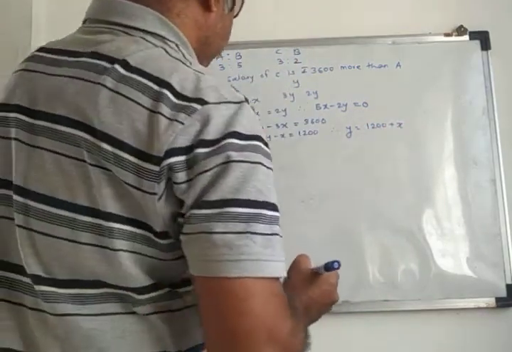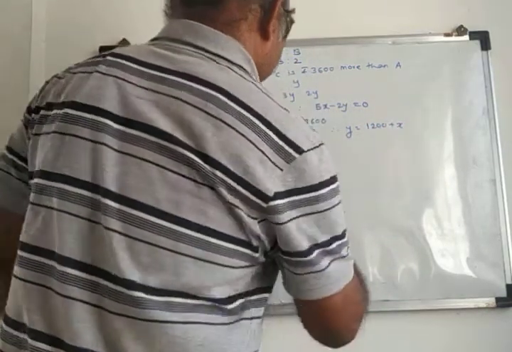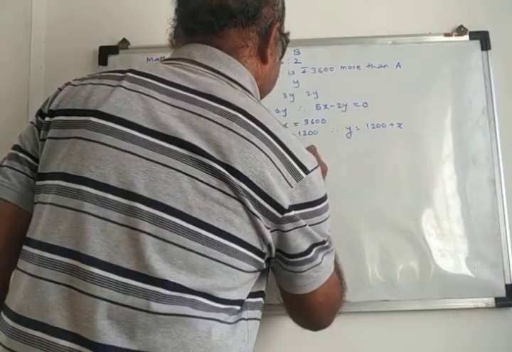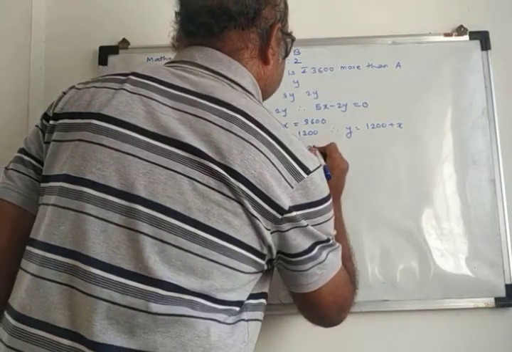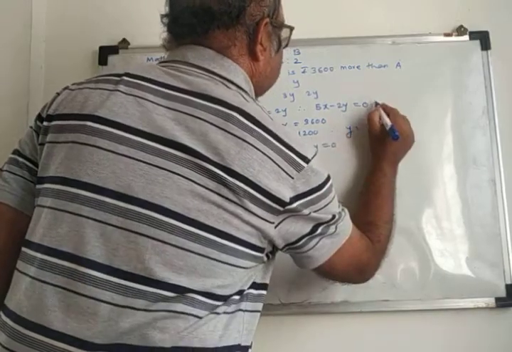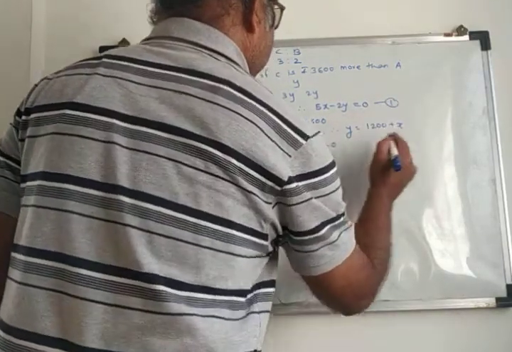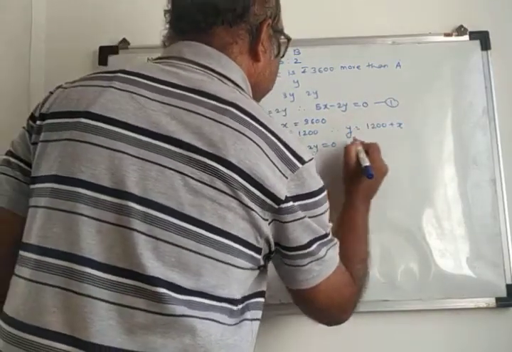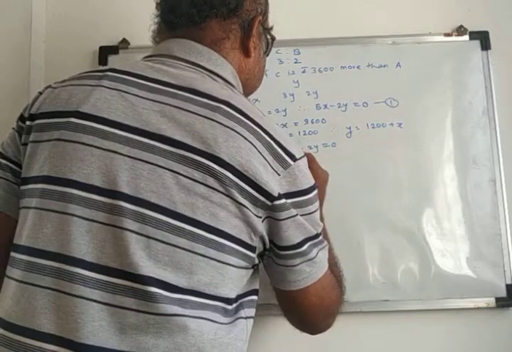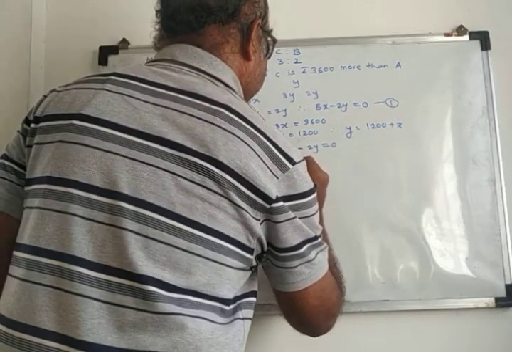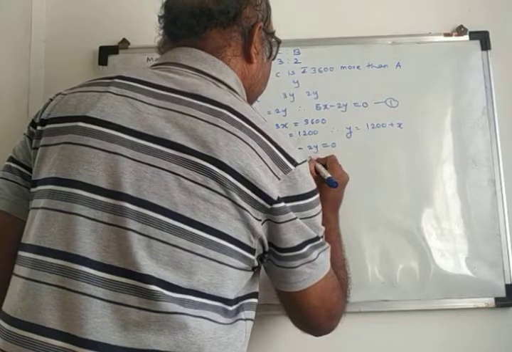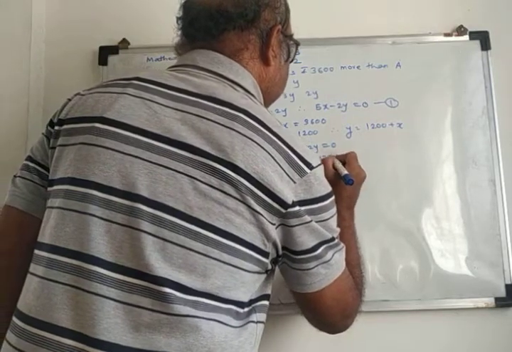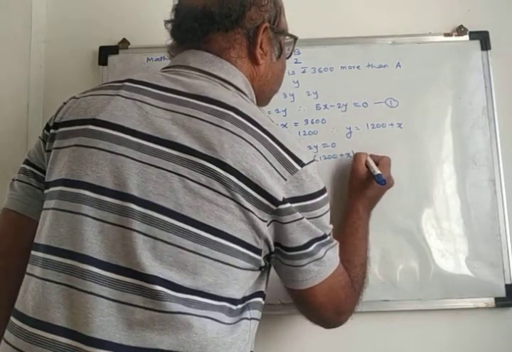Again we substitute this over here in 5x minus 2y equal to 0. This was my first equation. So we substitute 5x minus 2 into 1,200 plus x equal to 0.